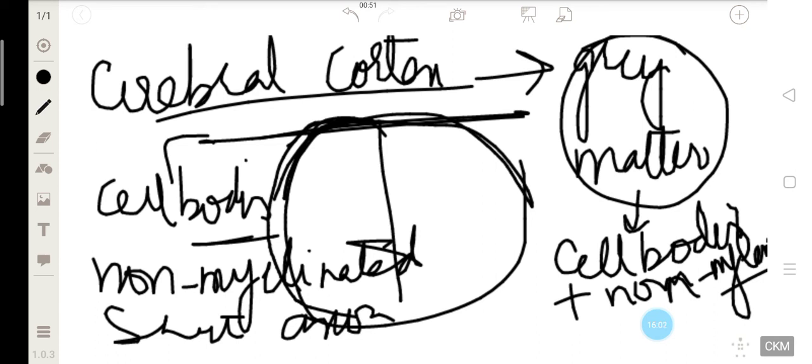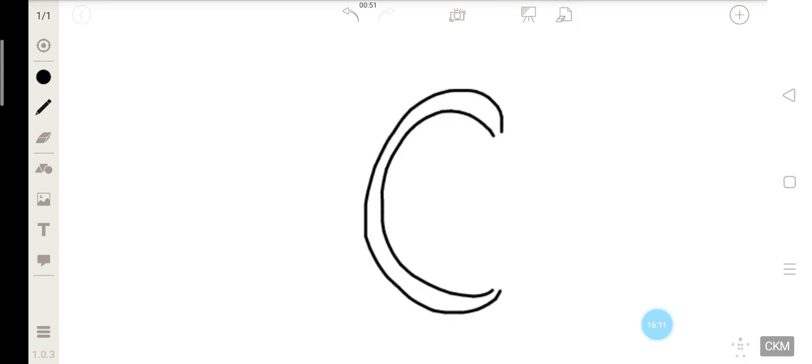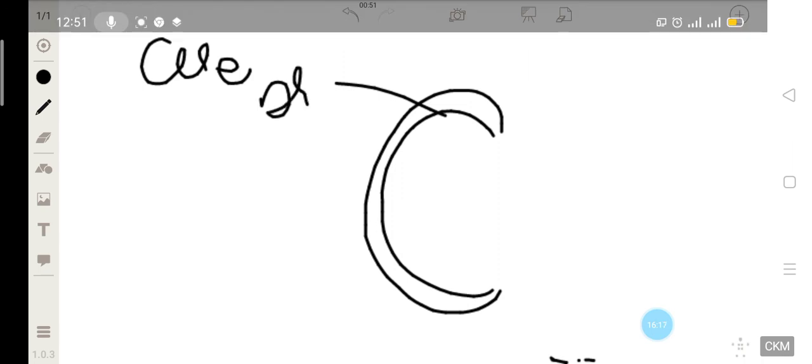So students, what we have learned is that the outer layer of the hemisphere is known as the cerebral cortex. That is known as what? Cerebral cortex.